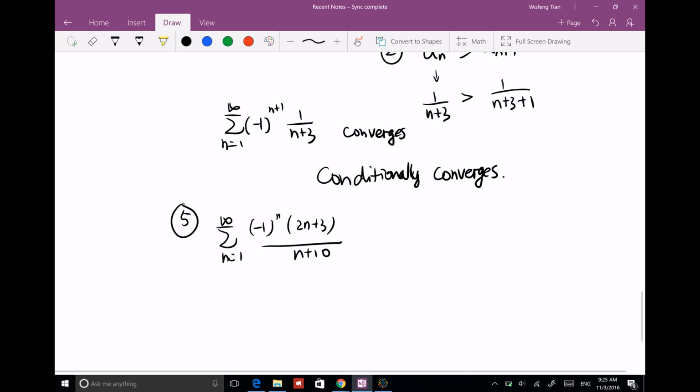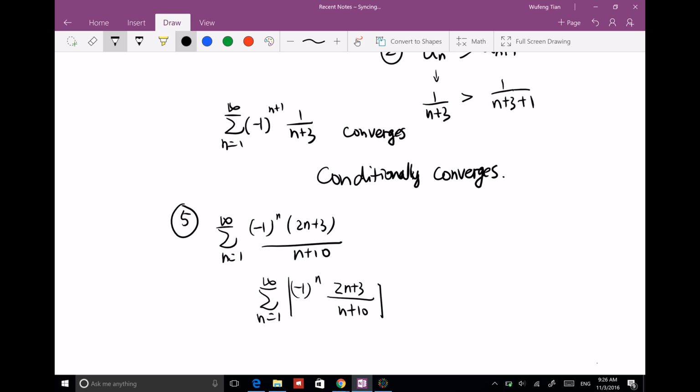Okay, I will call a student here. Luke, could you please tell me what you think about this series? Well, when you take the absolute value, you get 2n plus 3 over n plus 10. So it's going to converge to 2. So then the original series converges.